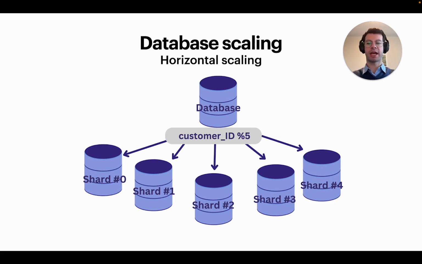The modulo 5 function only has 5 possible different outputs: 0, 1, 2, 3, and 4. This way we are able to know which shard we need to go to. For example, if the customer ID is 10, 10 mod 5 gives us 0, so we're going to go to shard number 0.